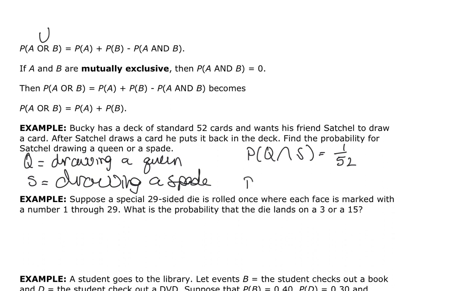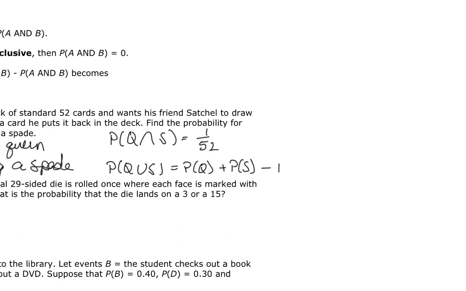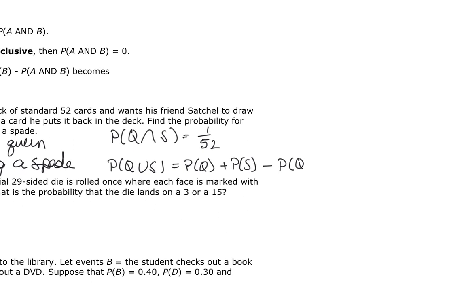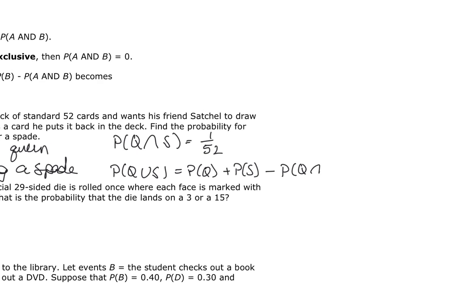So the probability of Q or S, the union of Q and S, is the probability of the queen happening plus the probability of picking a spade minus the probability of the intersection of Q and S. In this case, there are 4 queens in the deck of 52 cards.